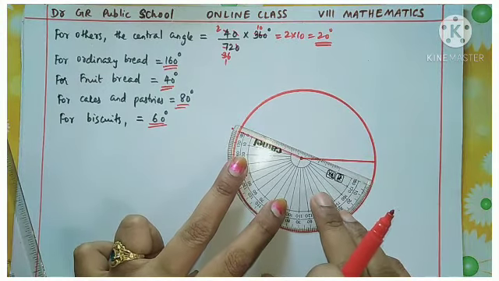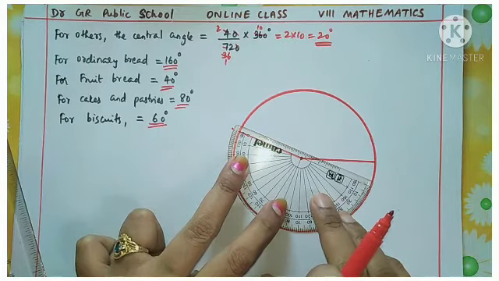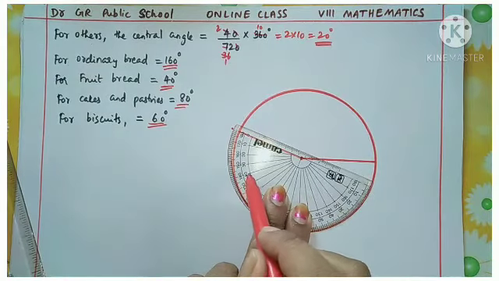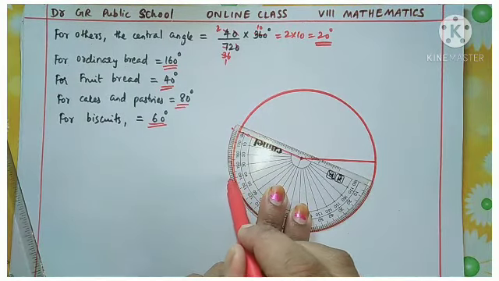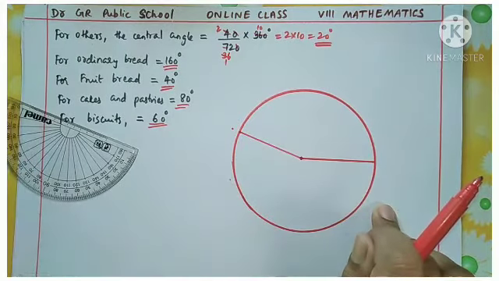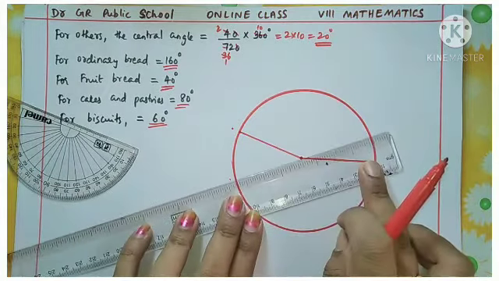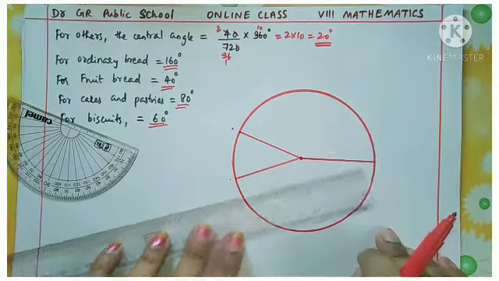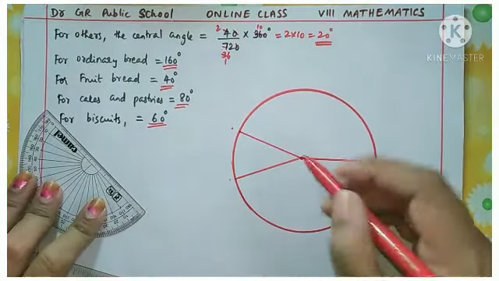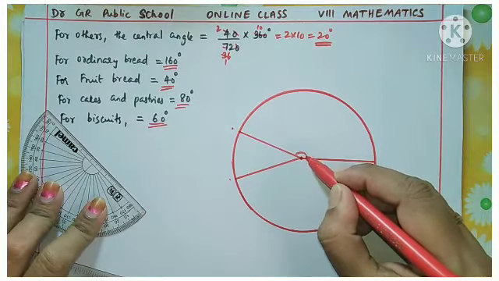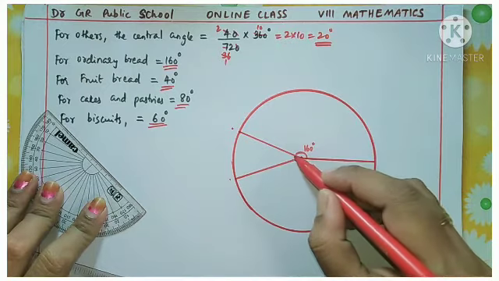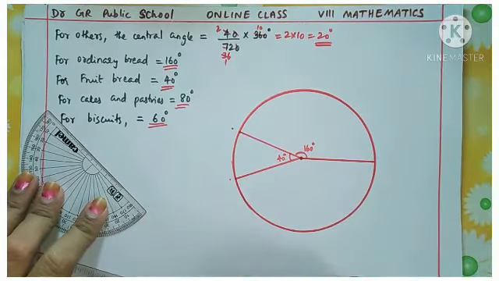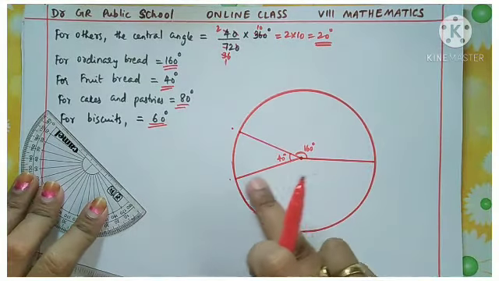Now mark the 40 degrees. 40 degrees is here. So mark 40 degrees, remove the protractor and join. So this angle we constructed was 160 degrees and this one we constructed now is 40 degrees. Now our new line segment is this one.